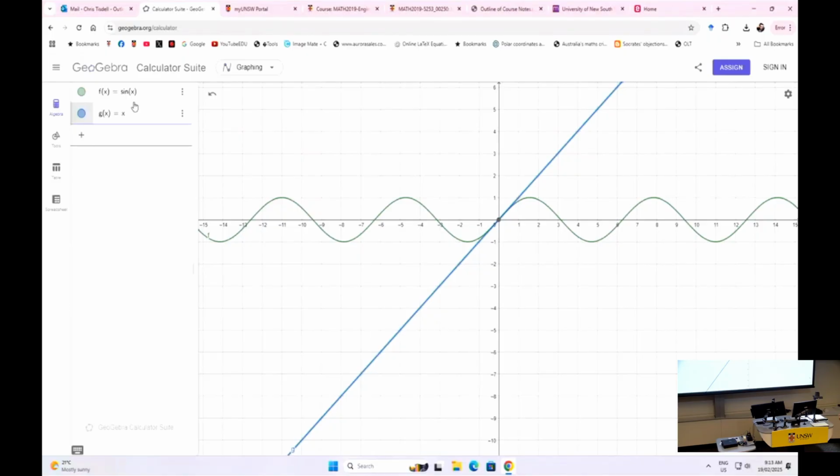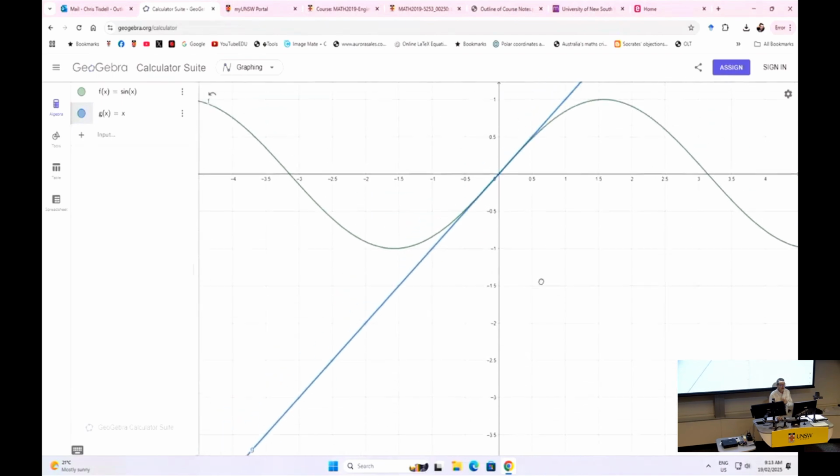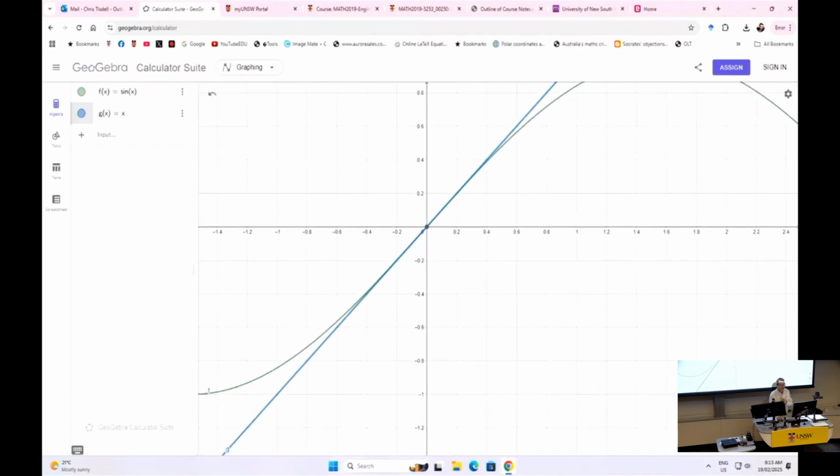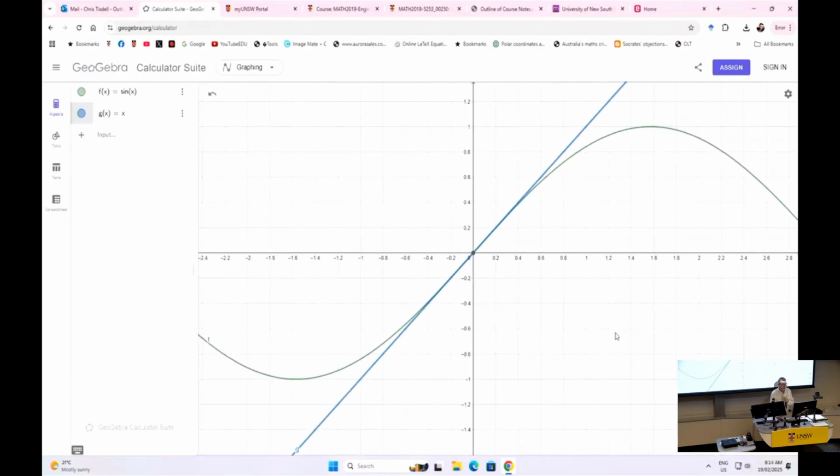Yeah, so let's zoom in a bit, right? Because it doesn't look like it's a very good approximation there, right? So let's move in. Looks a bit better? Yeah?